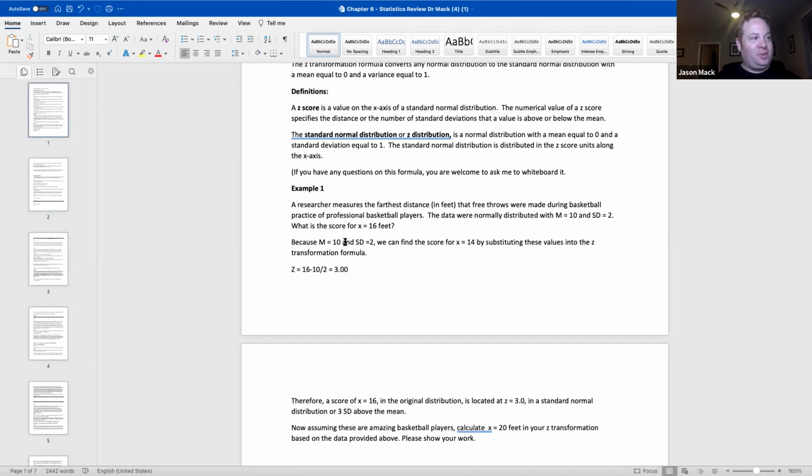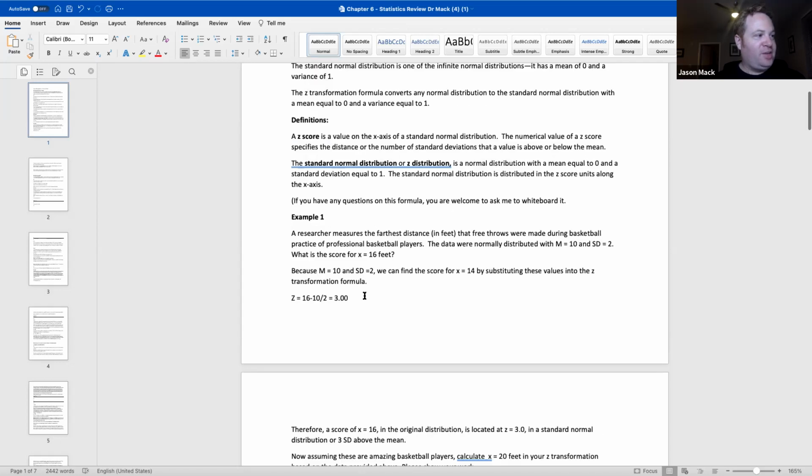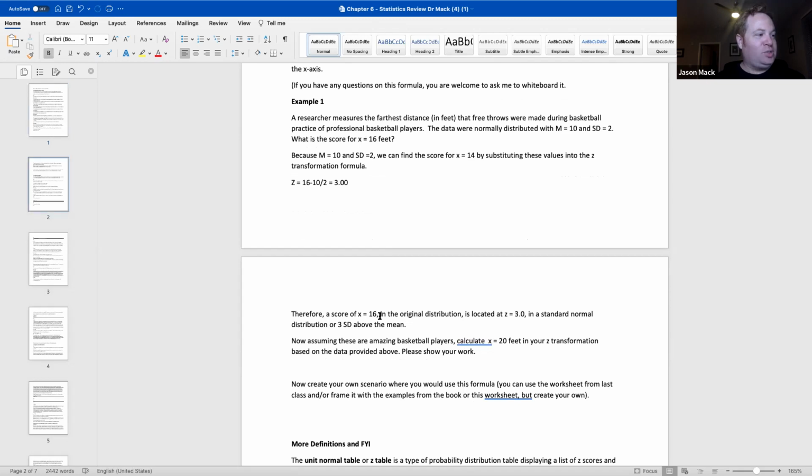Because the mean is equal to 10 and the standard deviation is equal to 2, we can find the Z-score for X equals 16 by substituting these values into the Z transformation formula. 16 minus 10, that was our mean, divided by our standard deviation, 2, is 3. Therefore, a score of X equals 16 in the original distribution is located at Z equals 3.0 in a standard normal distribution, or 3 standard deviations above the mean.